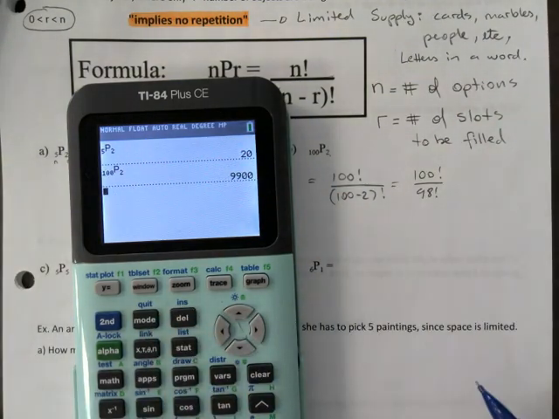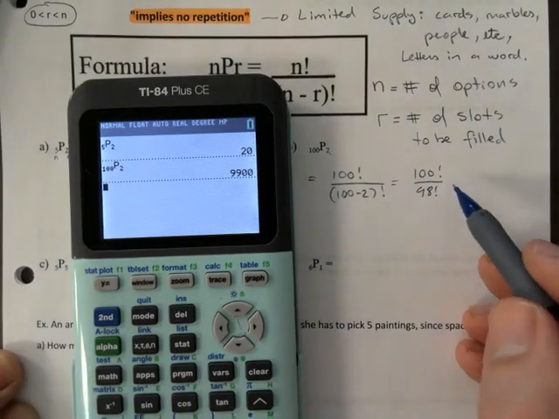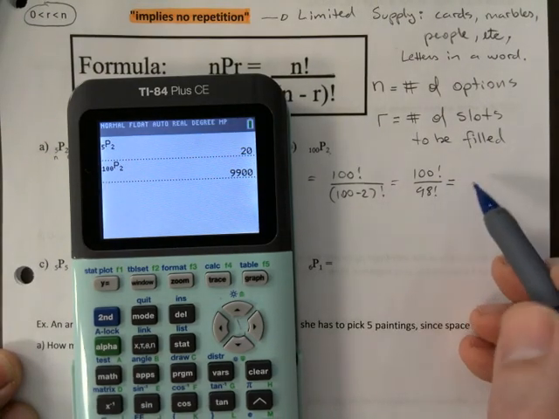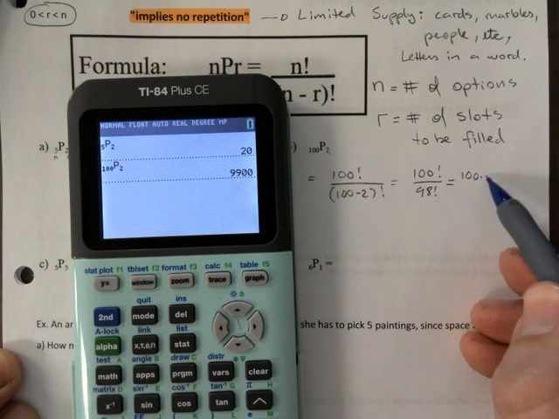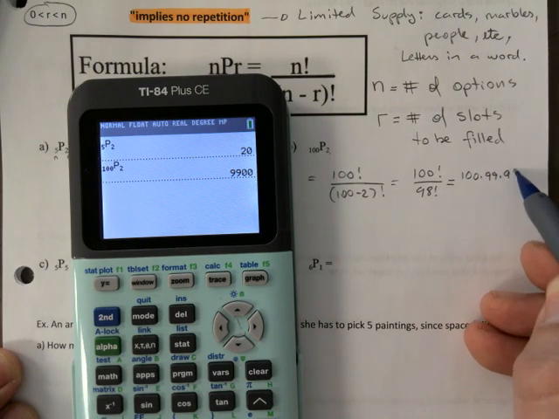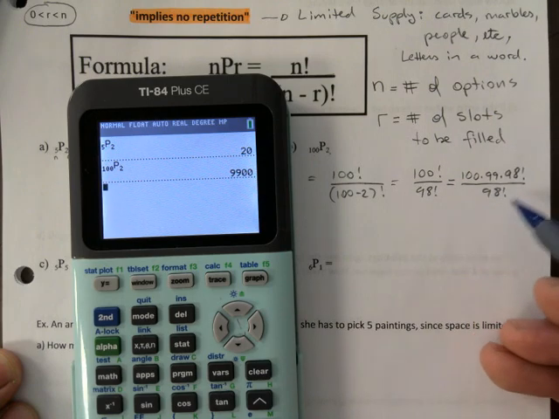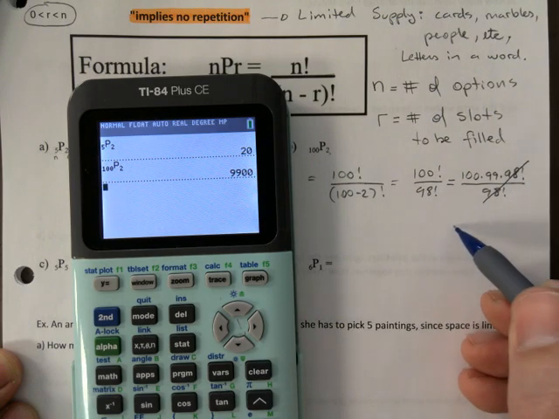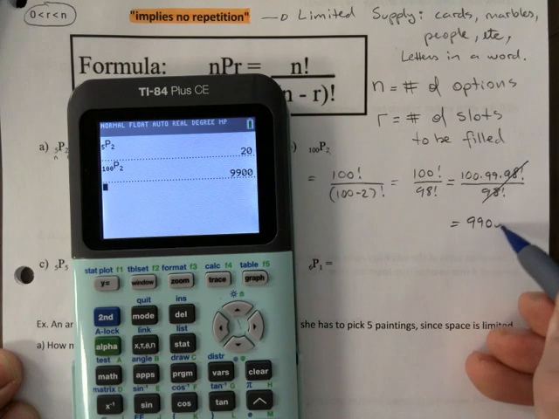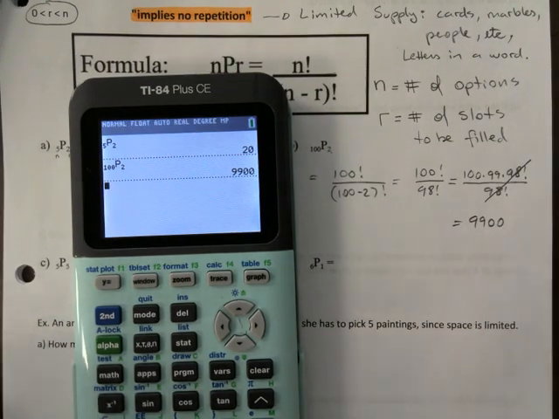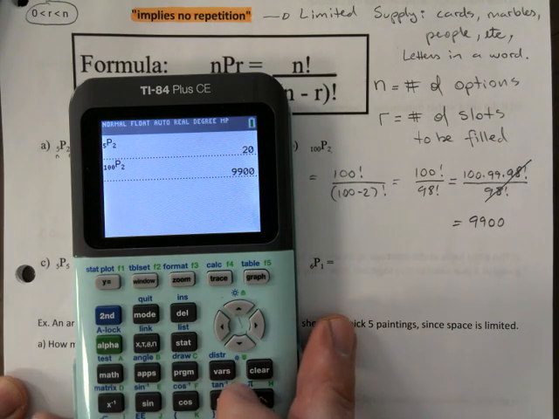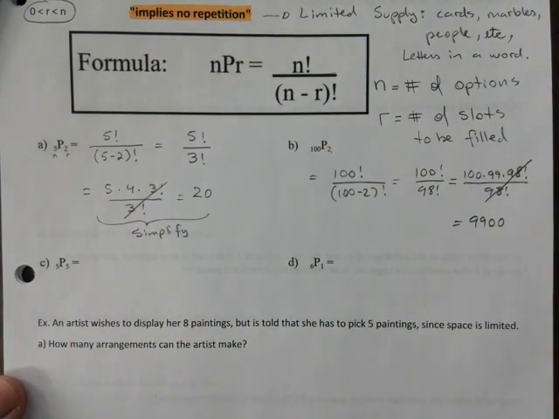Yeah, it does. But if I ask you to evaluate it, you just go 100, 99, 98 factorial over 98 factorial, cancel it out. That's 9900. So you should be able to get that as well.